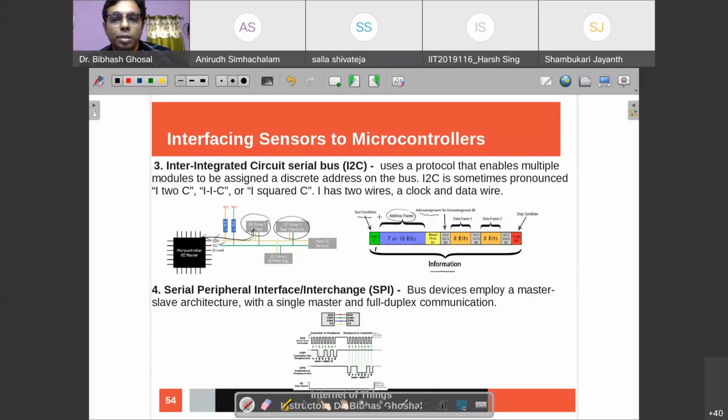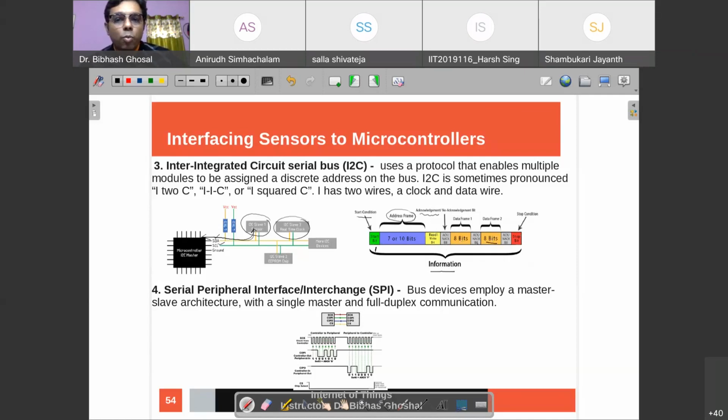So we have a start, we have the address of the slave, we have a read or write, what kind of operation you want to do, acknowledgement, then the data, then the acknowledgement, then again data. In this way, 16 bits, then an acknowledgement, and finally stop.